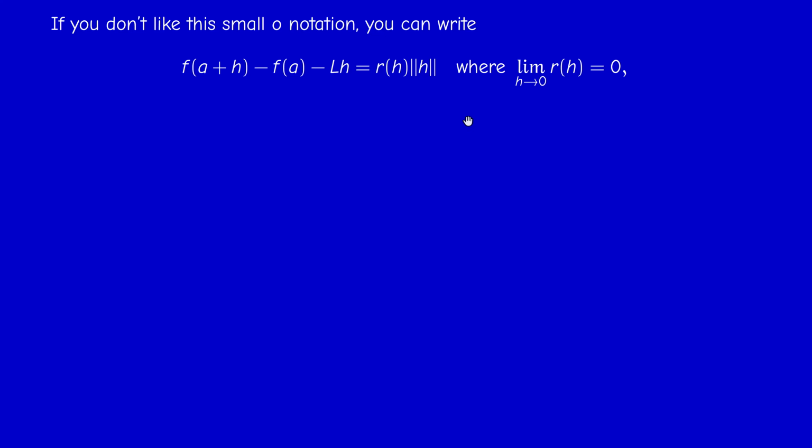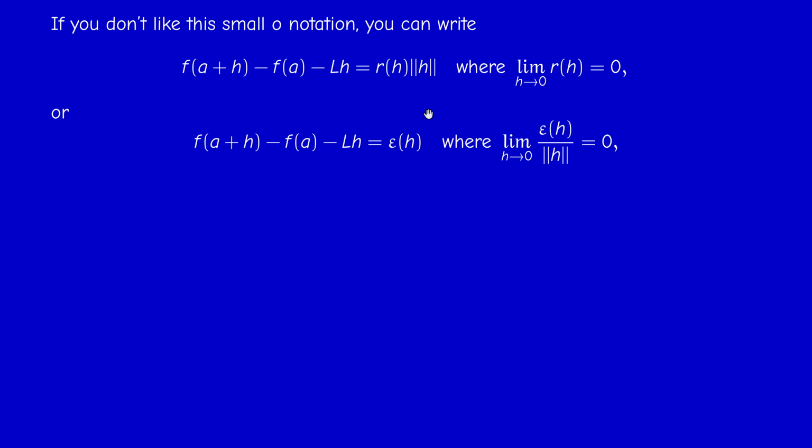So the remainder you can write as small o of norm of h, r of h times norm of h, or if you like, epsilon of h, where epsilon of h satisfies this condition. So you use the notation that you like, but they all mean the same thing. Okay?